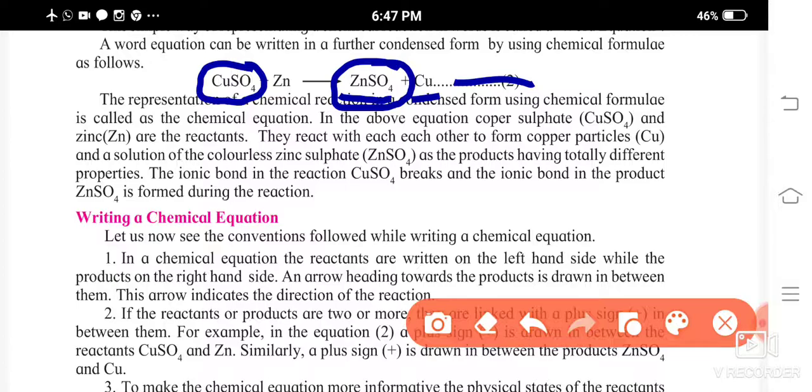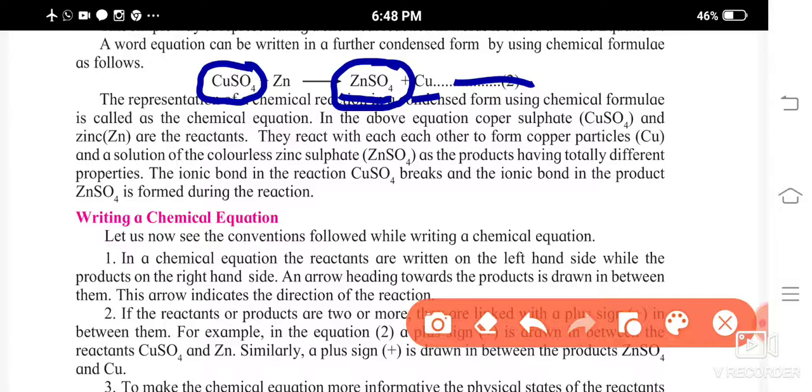The zinc sulfate has totally different properties when you compare it with copper sulfate, that is, with the reactant. So the products have entirely different properties than the reactant. The ionic bond between copper and sulfate breaks in the reactant, and in the product the ionic bond between zinc and sulfate forms.